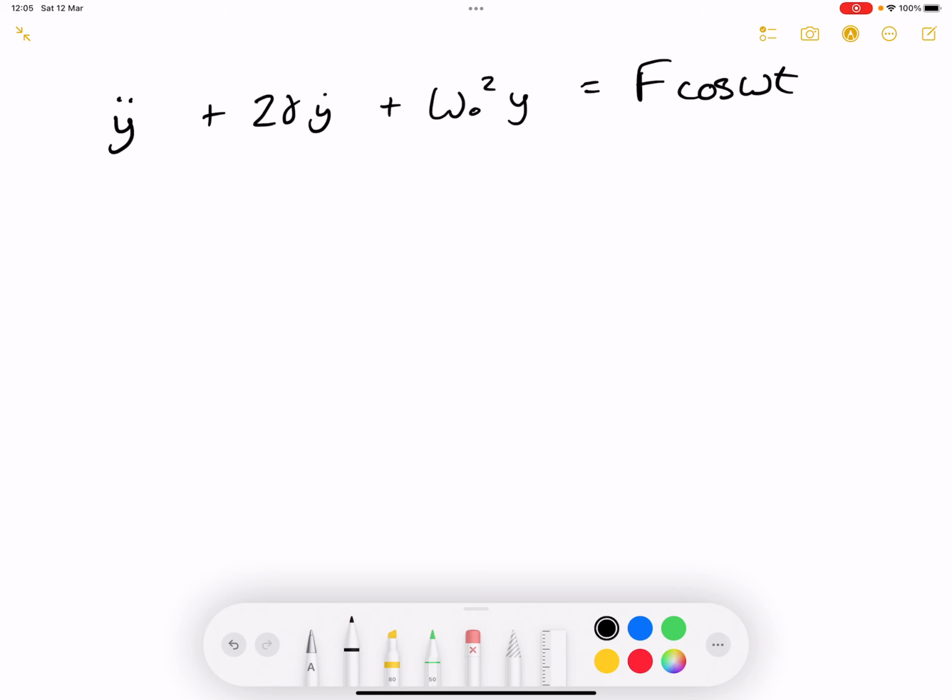So step one, we're going to solve the auxiliary equation. So the auxiliary equation, AE, is going to be lambda squared plus 2 gamma lambda plus omega naught squared equals 0.